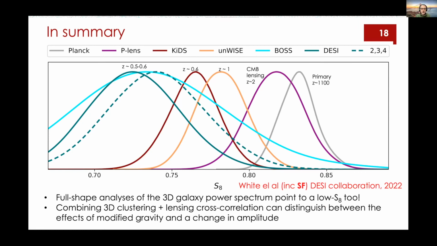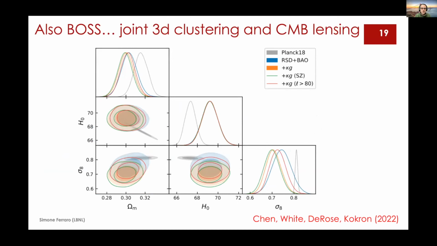As a warm-up exercise, some folks at Berkeley have done it recently. This is Stephen Chen, Martin White, Joe DeRose, and Nick Kokron, who took BOSS 3D galaxies, and they consistently and jointly analyzed the 3D power spectrum and the cross-correlation between the projected galaxy field and CMB lensing, and that also gets a value of sigma 8 or S8 that is low and in a 3 sigma tension with Planck.